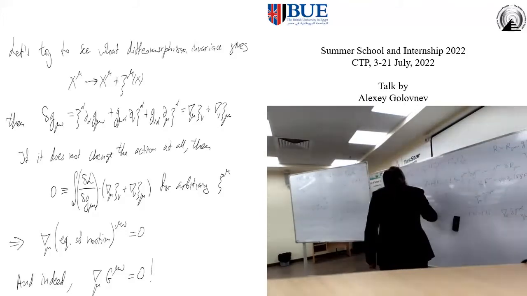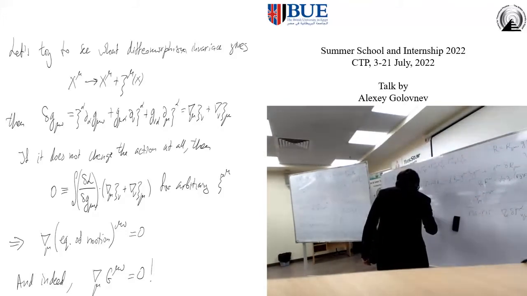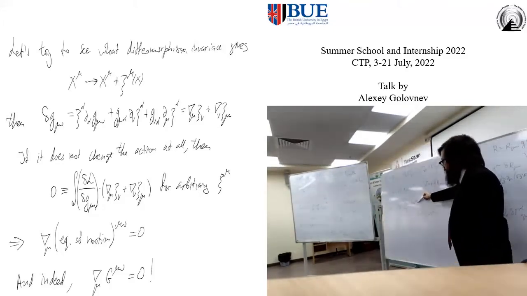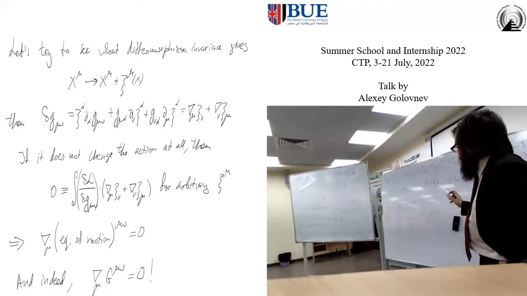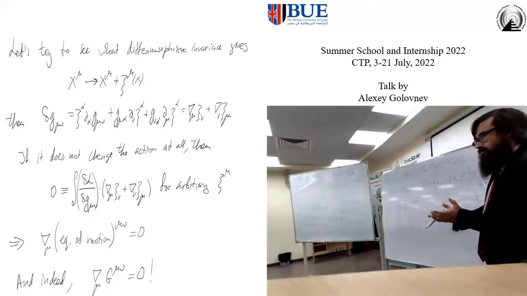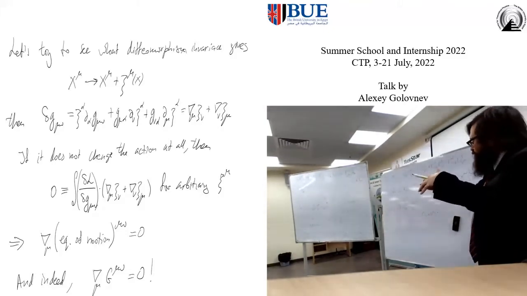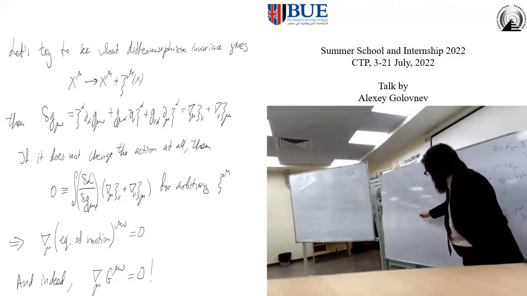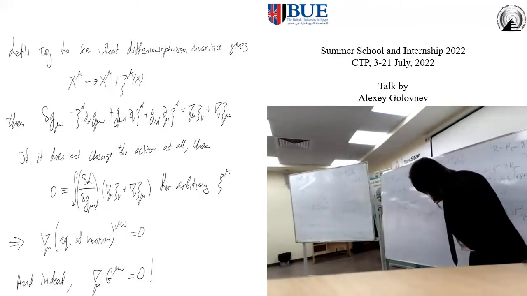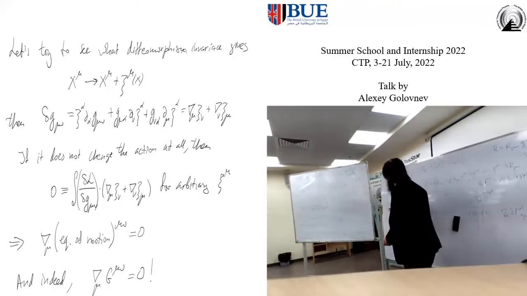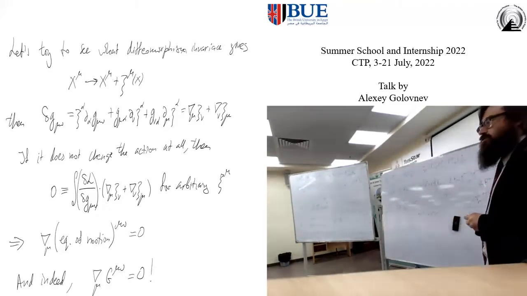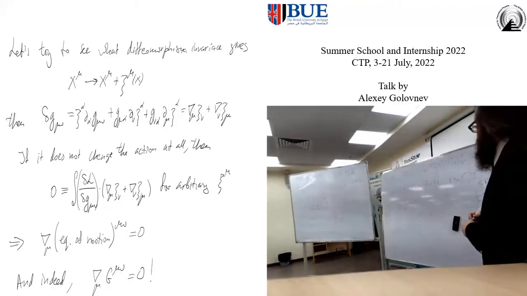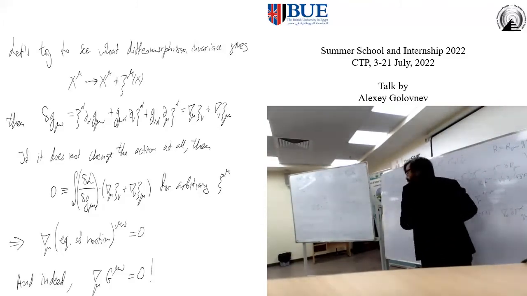If I substitute this variation for the metric here, then the statement that my theory is diffeomorphism invariant, that the action principle is diffeomorphism invariant, means that this appears to be identically 0 without use of any equations of motion, right? Just because I assume that my action is diffeomorphism invariant.